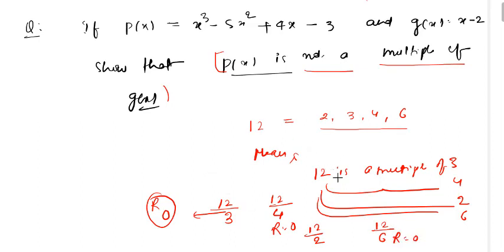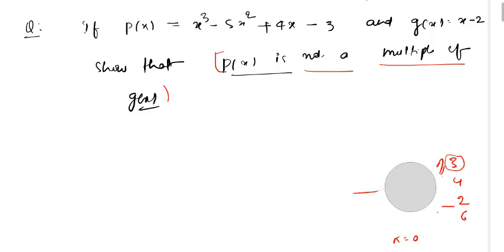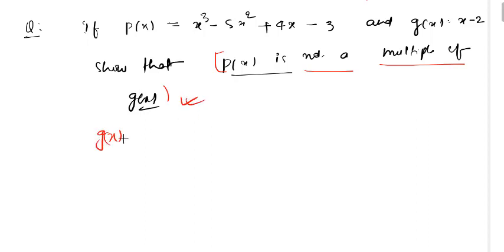Whenever a number is a multiple of another number, then this 3 will divide this 12 four times and the remainder will be 0. In the same case, if we have been given g of x and p of x and asked to show that p of x is not a multiple of g of x, then you have to divide, where the divisor will be g of x and the dividend will be p of x.